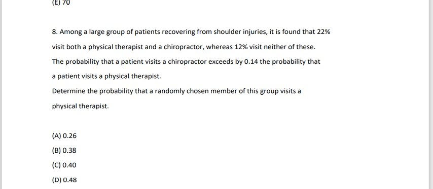Okay. So for this problem 8, let's see. For those who enjoy, 22% will need both of them.